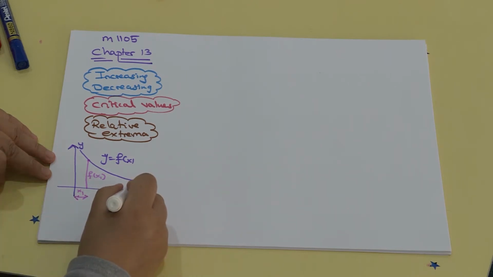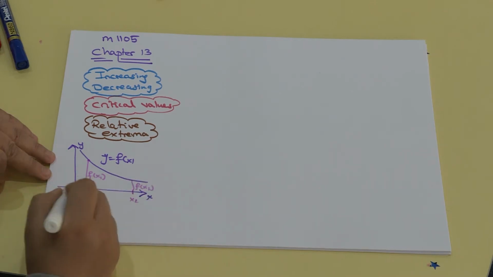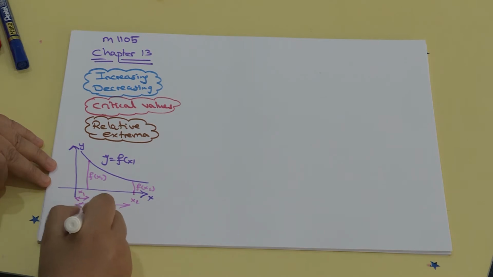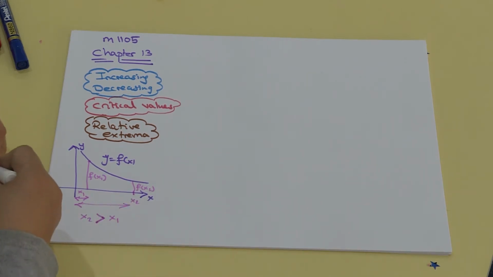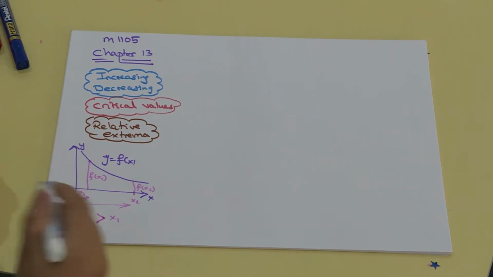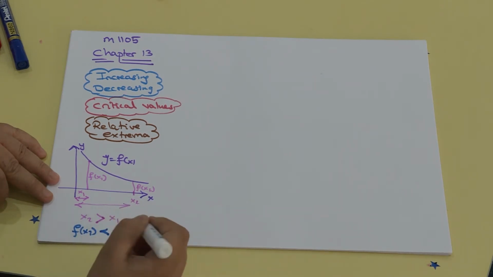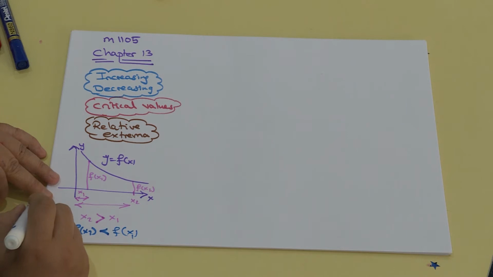And let's take another one, x2, f of x2. When we compare x2 to x1, we find that x2 is greater than x1. What about the function? We have f of x2 is less than f of x1. This is a decreasing curve.